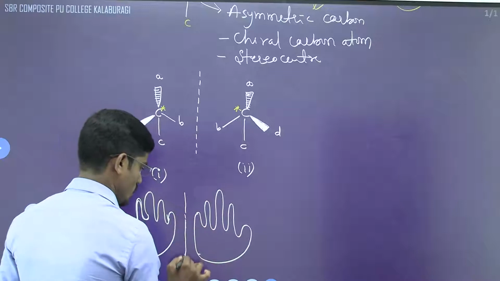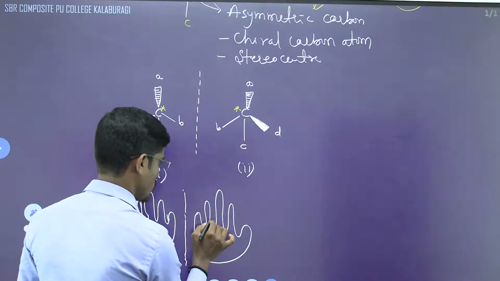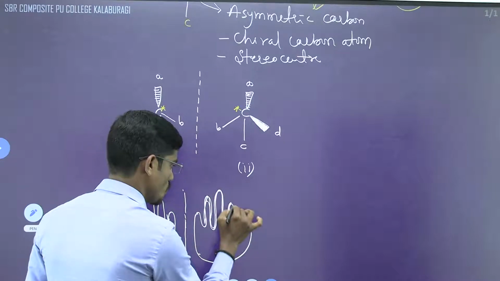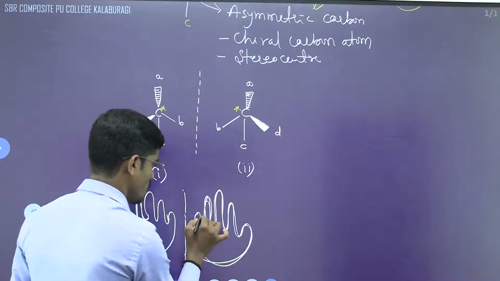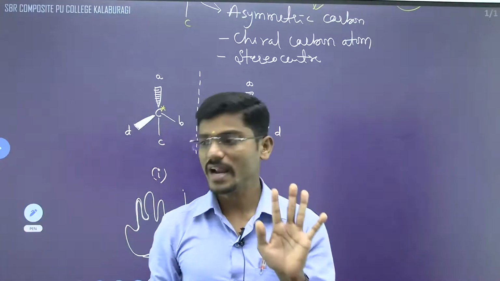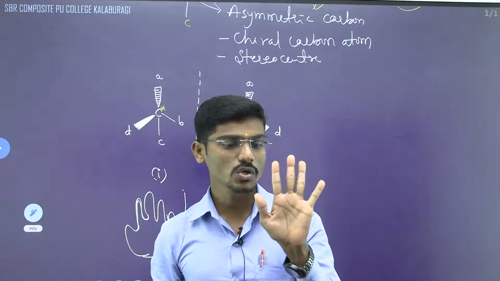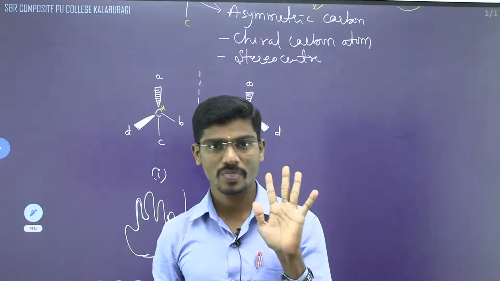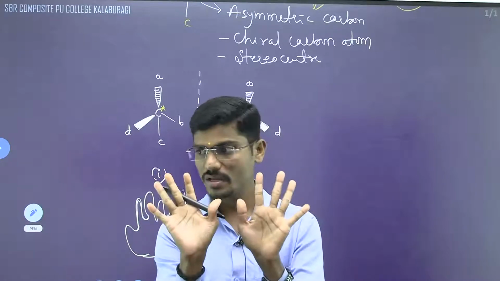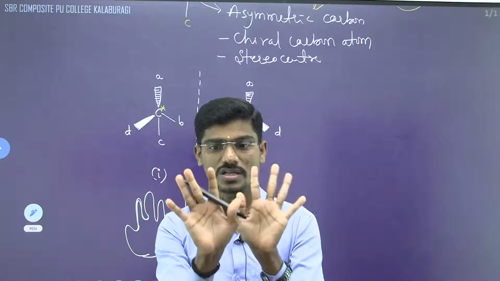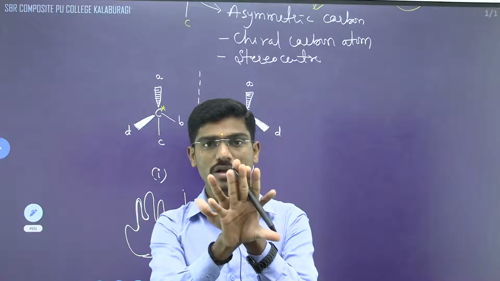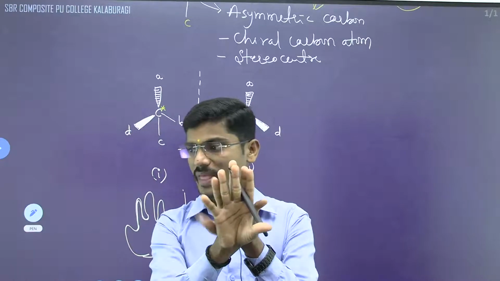The right hand and left hand are mirror images of each other, but they are non-superimposable on their mirror images. Our left hand, when you look at it in the mirror, looks like a right hand. So these two are mirror images of each other, but they are not superimposable. So it is completely different.